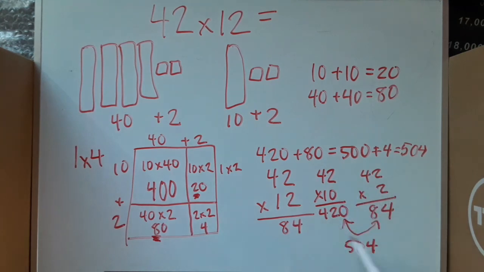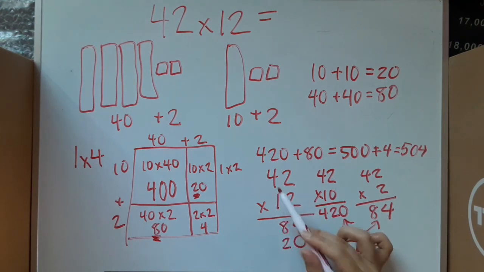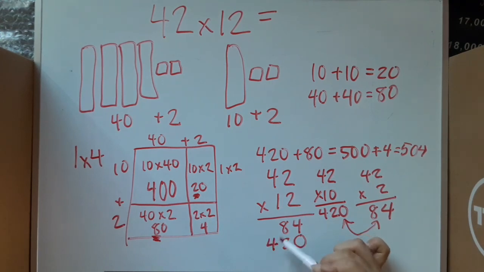If you want to combine these into this one problem, we take this 0 and we put it under the 4 so that it's a quote-unquote null 0. This is our placeholder so that we know we're doing 42 times 10, as we can see when we break it apart. Now we can do 1 times 2, which is 2, and 1 times 4, which is 4.